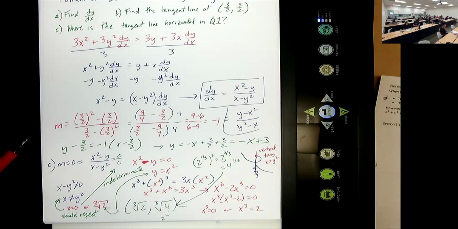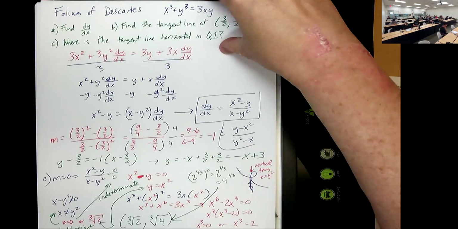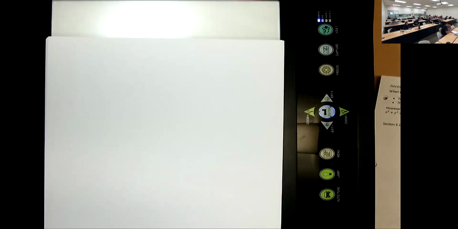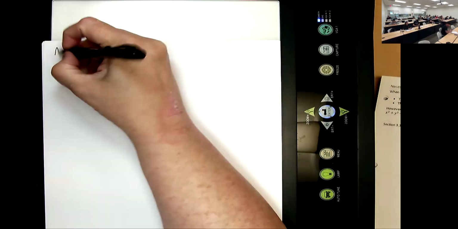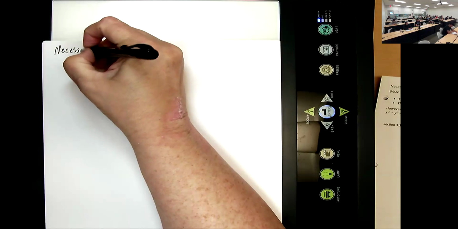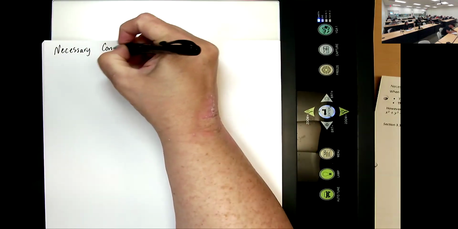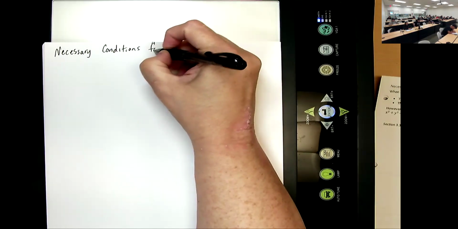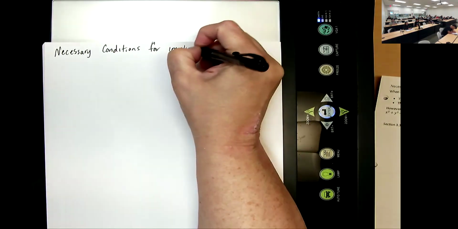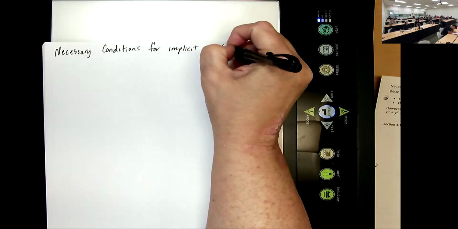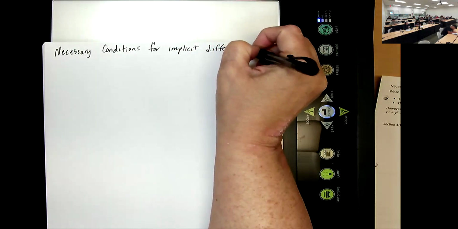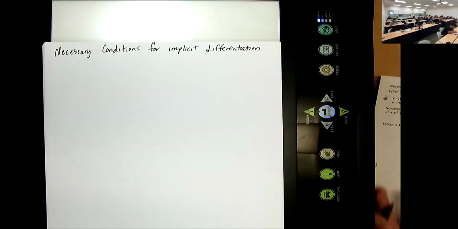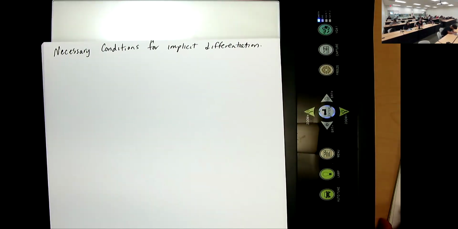Okay, so we have one more topic in implicit differentiation, and it's kind of a short one. We do have necessary conditions to do it. We make 2 assumptions.